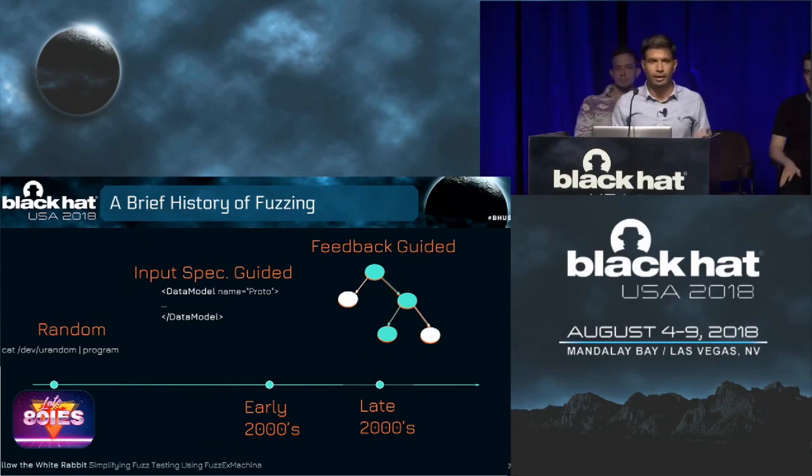So finally, in the late noughties, researchers proposed so-called feedback-guided fuzzing. And the main idea behind feedback-guided fuzzing is to do away entirely with having to require some sort of specification and let the fuzzer automatically learn about program behavior. One popular technique to learn about program behavior on the fly is coverage-guided fuzz testing.